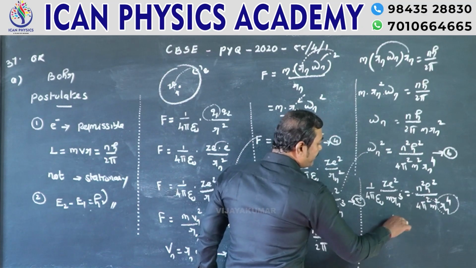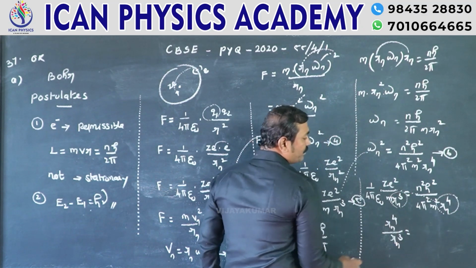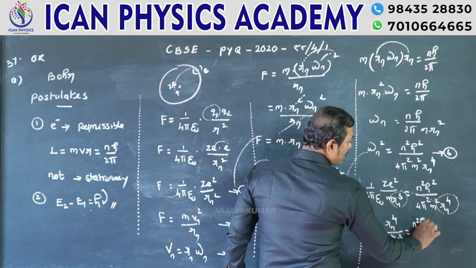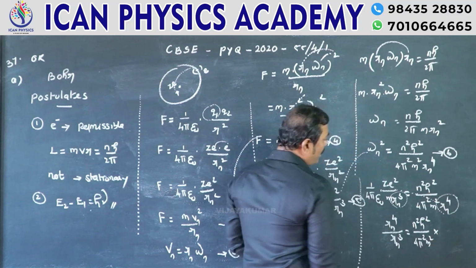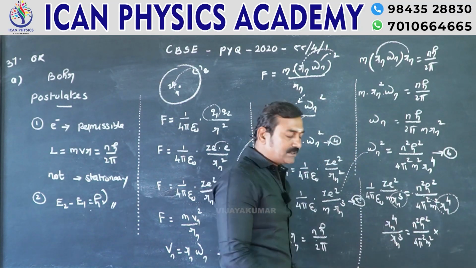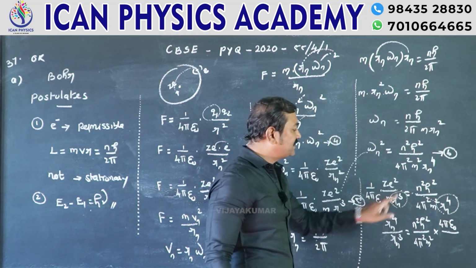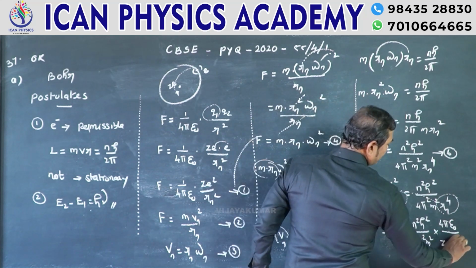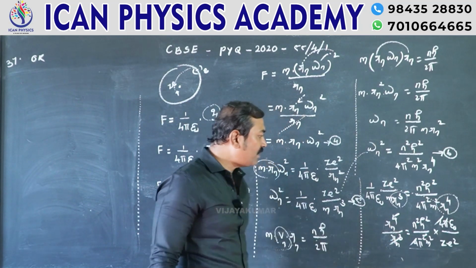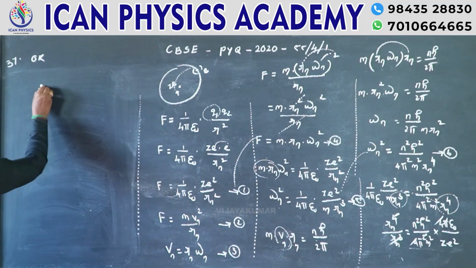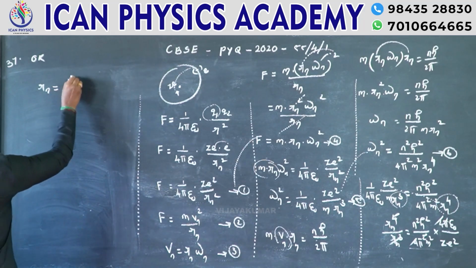So Rn power 4 divided by Rn cube. So Rn equal to n squared h squared by 4 pi squared m squared. 1 by 4 pi epsilon 0 goes to the right side as division. So 4 pi epsilon 0 divided by Z e squared goes to the right side as division. Okay. Rn cube, Rn power 4 getting cancelled. So it becomes Rn equal to. So what is the remaining term?